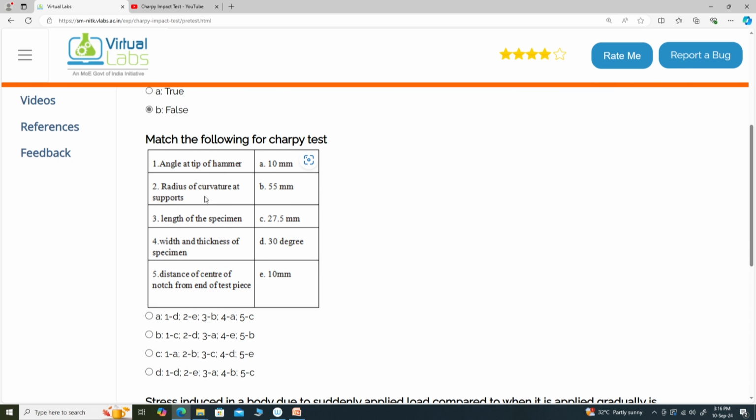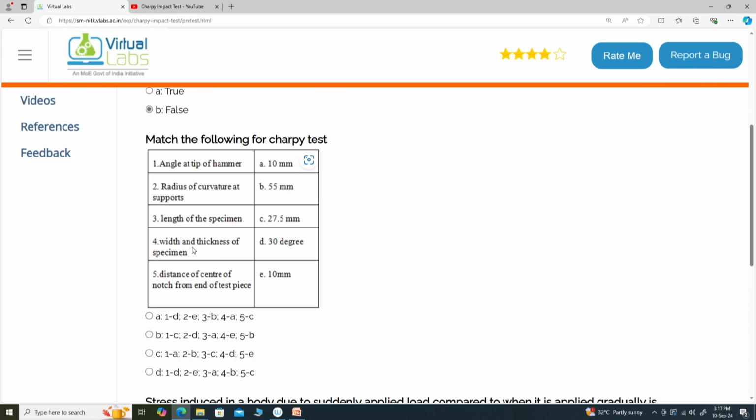Then the radius of curvature at the supports is 10 millimeters. So that means 1D, 2E, again A and B could be the answer. Third is the length of the specimen for the Charpy impact test, which is 55 millimeters.